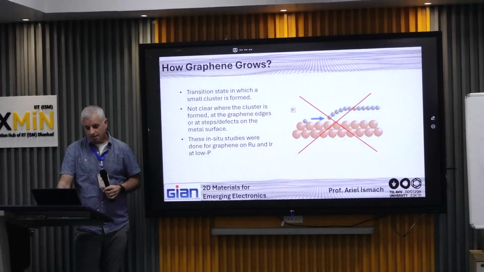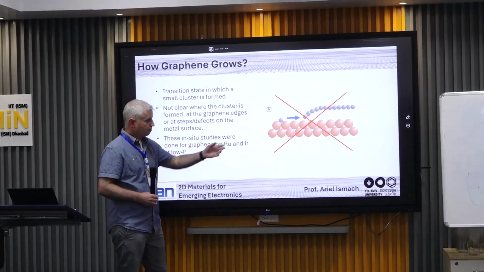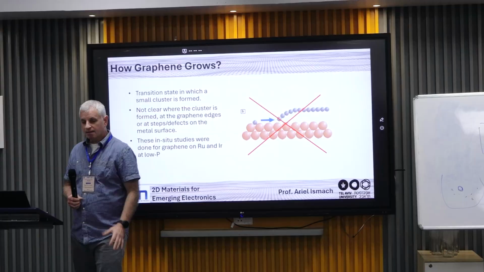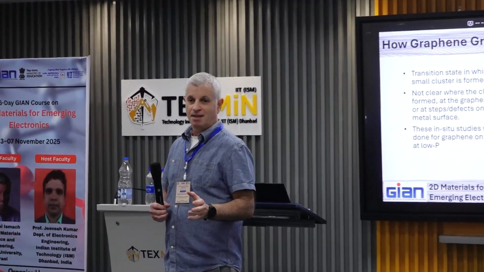Now another difference is that the best growth of graphene on top of copper is obtained at temperatures that are very close to the melting temperature of the copper. The melting temperature of the copper is 1086, something like that, while the best growth of graphene on copper is between 1000 and 1050. That means that the surface of the copper is probably melted.